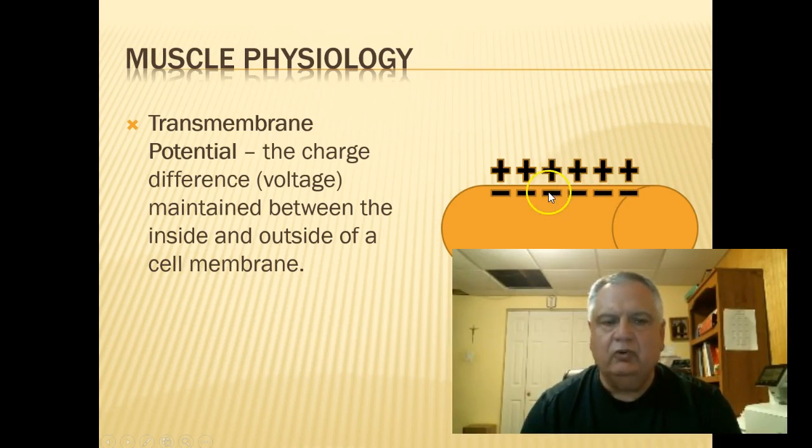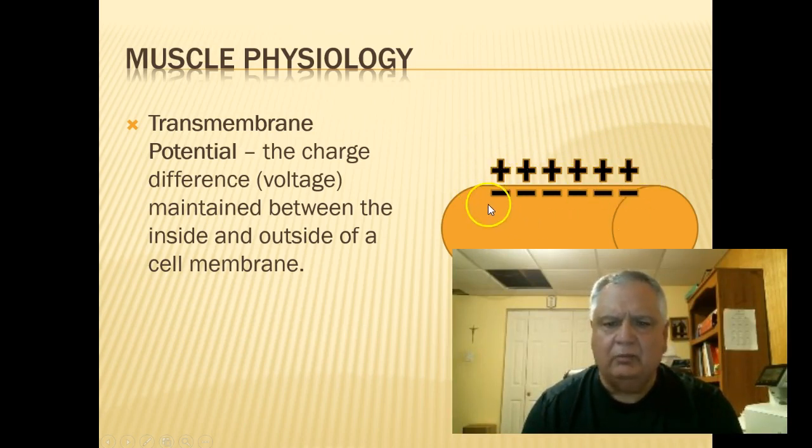Now, this difference in charges is what we refer to as the transmembrane potential, and what's responsible for that primarily on the outside is the fact that the cells don't like sodium ions. So when sodium ions are in a higher concentration and try to enter the cell, the cell tends to reject those sodium ions. Sodium ions are positively charged. They accumulate right along the outside of the plasma membrane of the cell, and the cell gets an overall net positive charge.